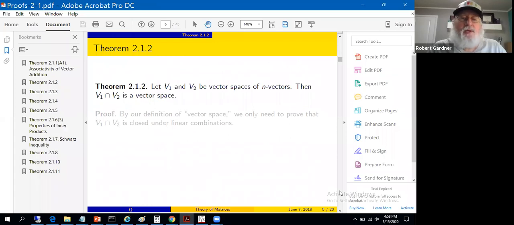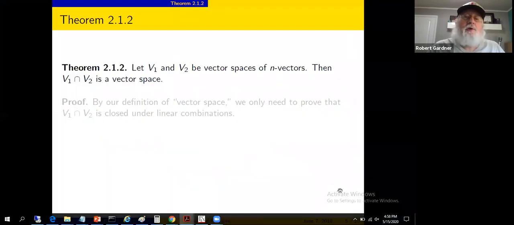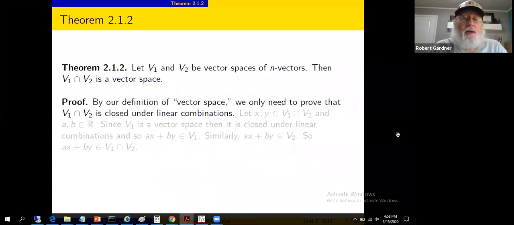I appreciate your patience. It'll pick up. We want to show an intersection of two vector spaces is a vector space. By our definition, we need to deal with closure under linear combinations, which is not different from how you showed something's a subspace in linear algebra.